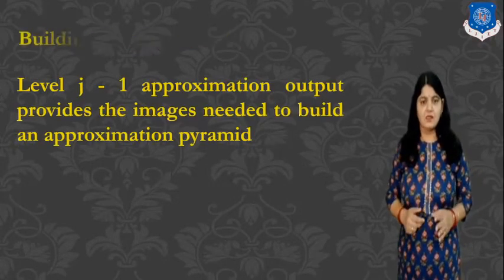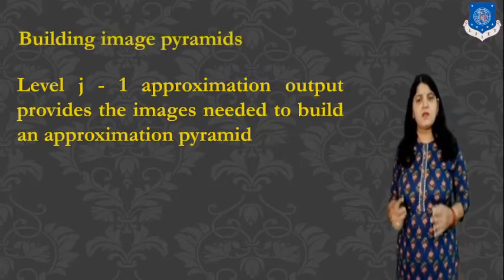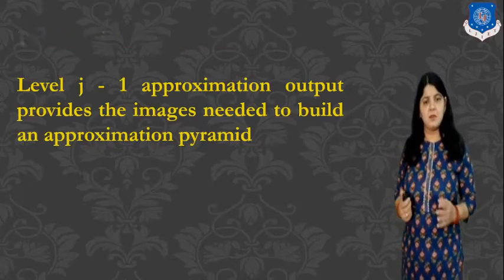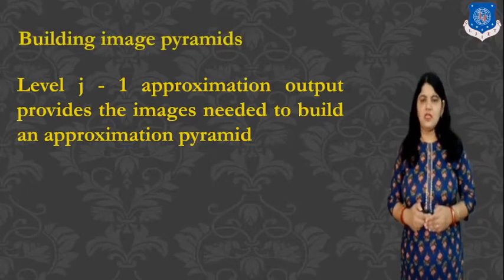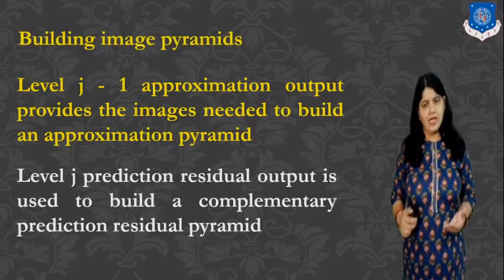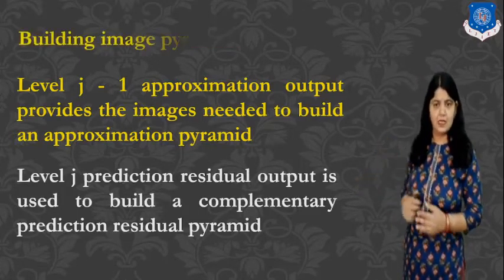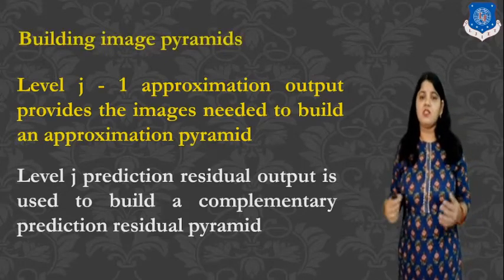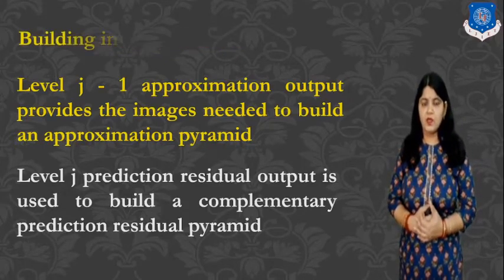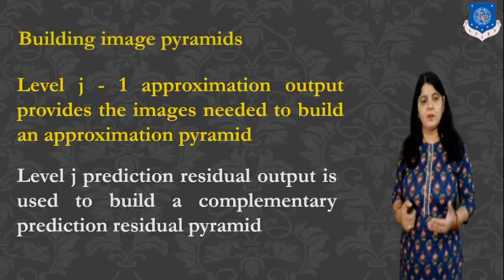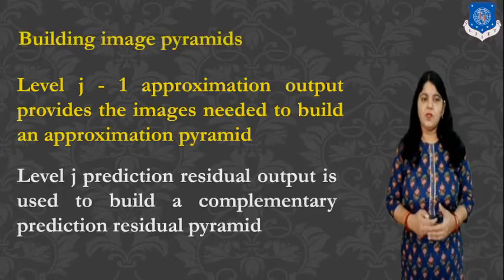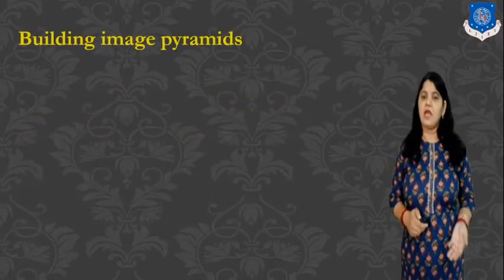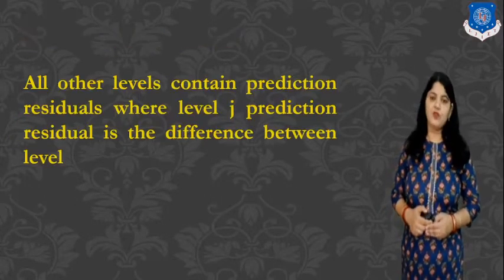The level J minus 1 output gives the approximation, which provides the image needed to build an approximation pyramid. The other output, as in the earlier diagram, is the level J prediction residual output, which is used to build a complementary prediction residual pyramid. This way we have the predicted and the approximated output values of the image pixels.